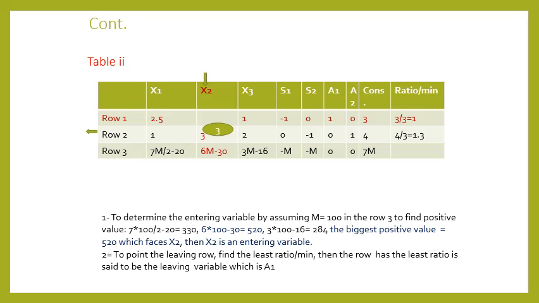In case of minimization, the entering variable, the key variable, the entering column, is the variable which faces the biggest number in row 3 or row Z. So x2 is set to be the entering variable because it faces the biggest figure in row 3, equal to 520.